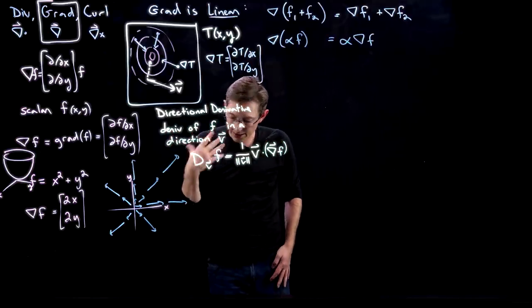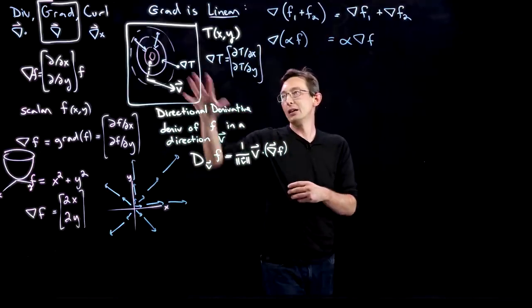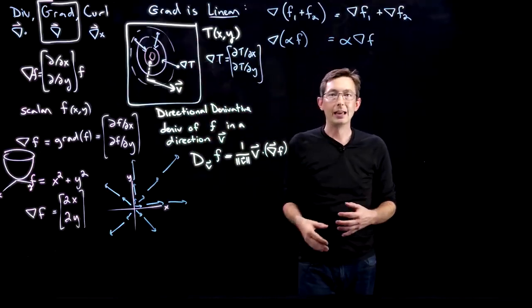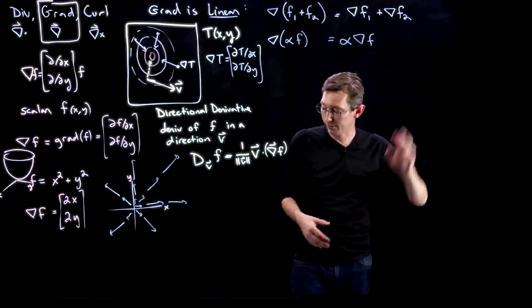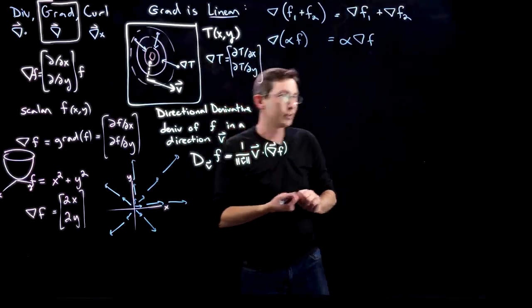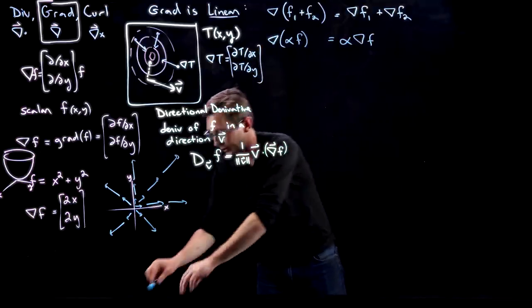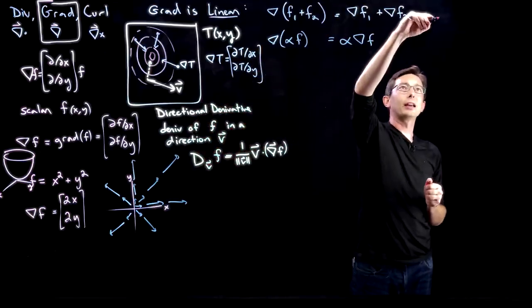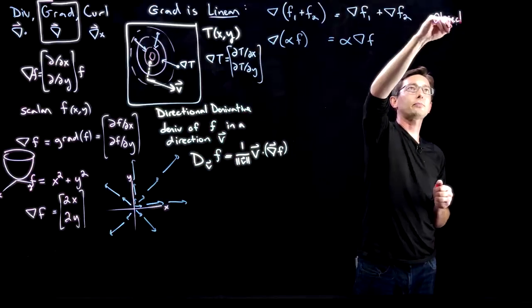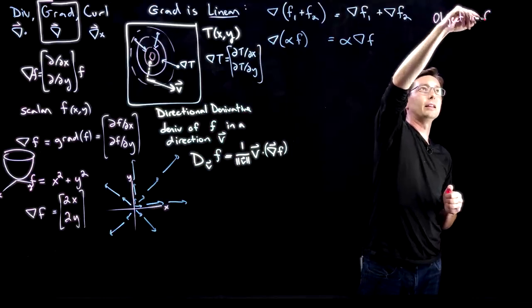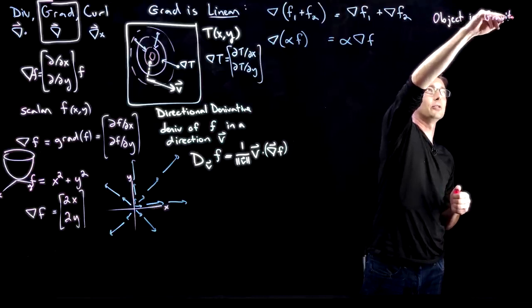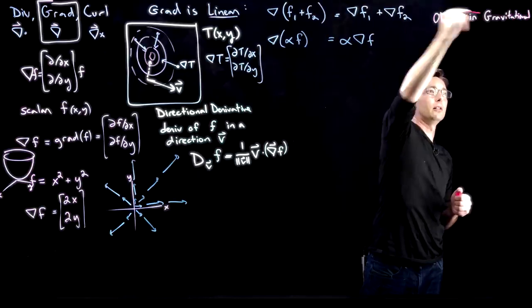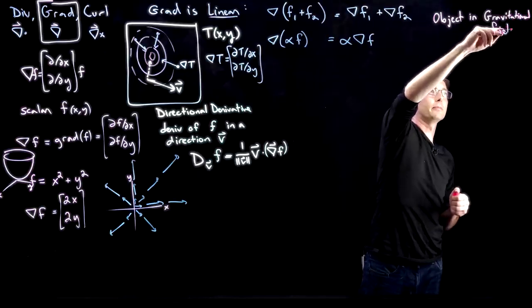And another example of the gradient beyond the temperature distribution is gravitational potentials, okay? So an object, maybe I'll do pink over here. So another application is an object in a gravitational field.